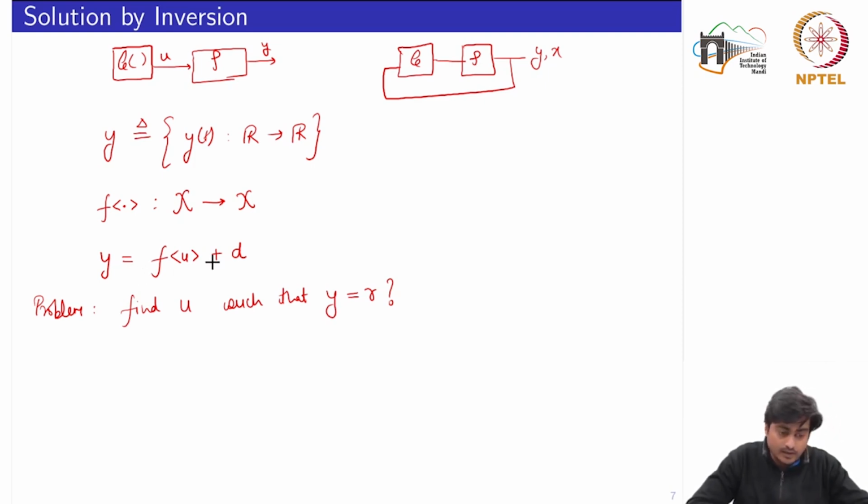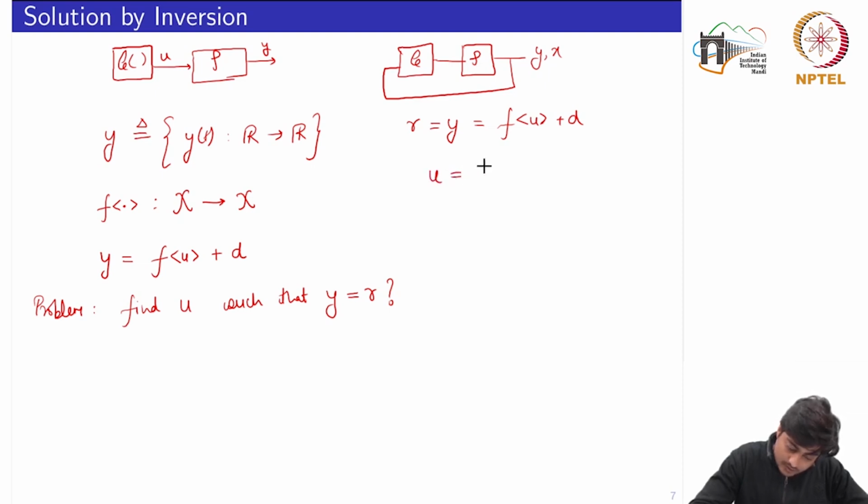Now the straightforward approach, by taking this equation, we would have y equal to f of u plus d. Since we need y equal to r, I would write y equal to r directly and compute the control signal from here, which would be the function inverse of r minus d.